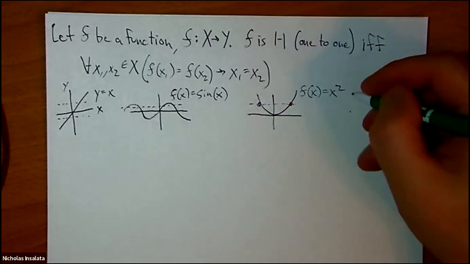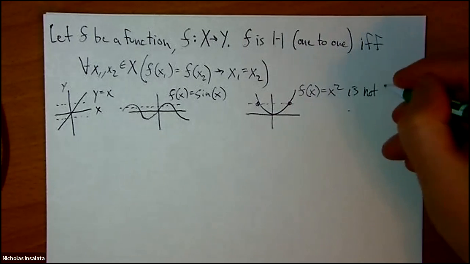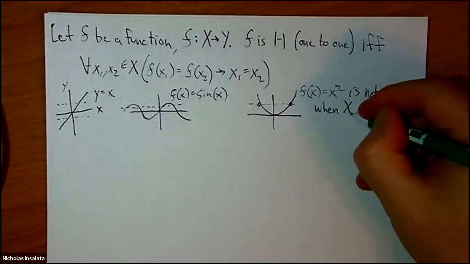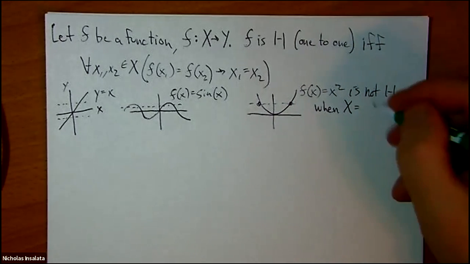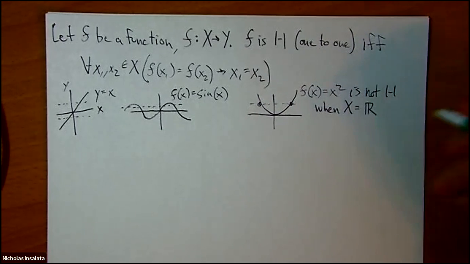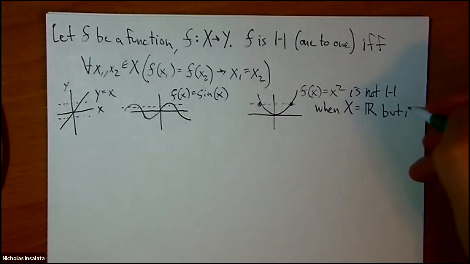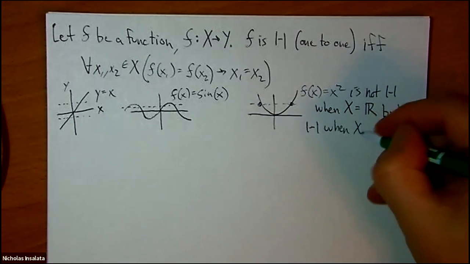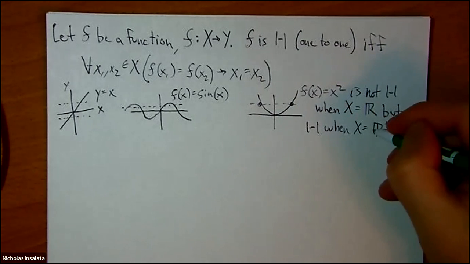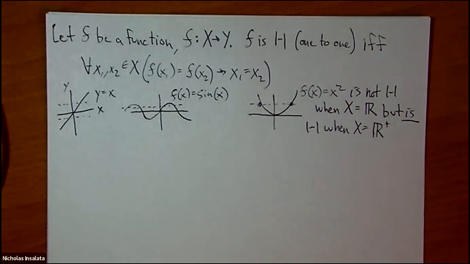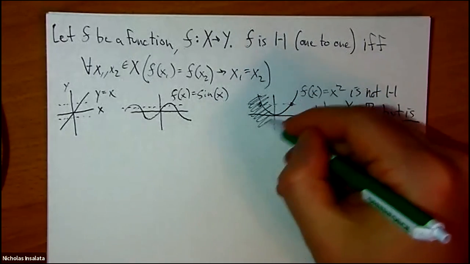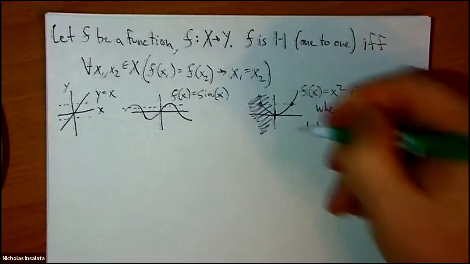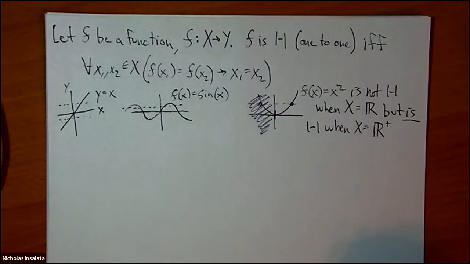So this is not one-to-one when the domain, when big X here, that's the domain, is, for example, the real numbers, but is one-to-one when X is just the positive real numbers, right? Because if I just don't have this whole side of the graph, because my inputs start right here, then it'll be one-to-one.